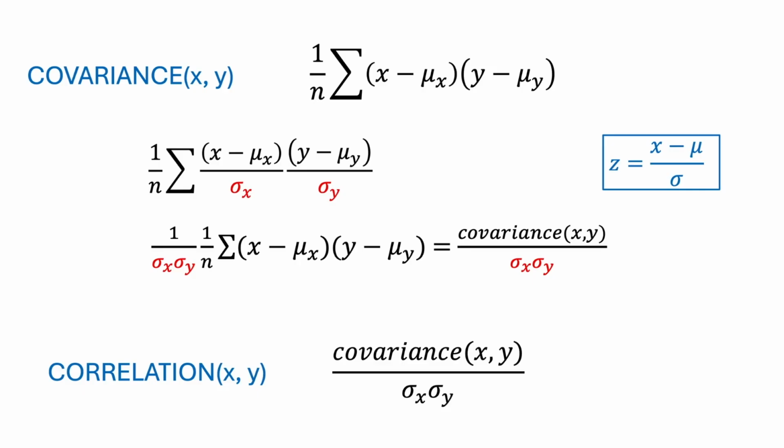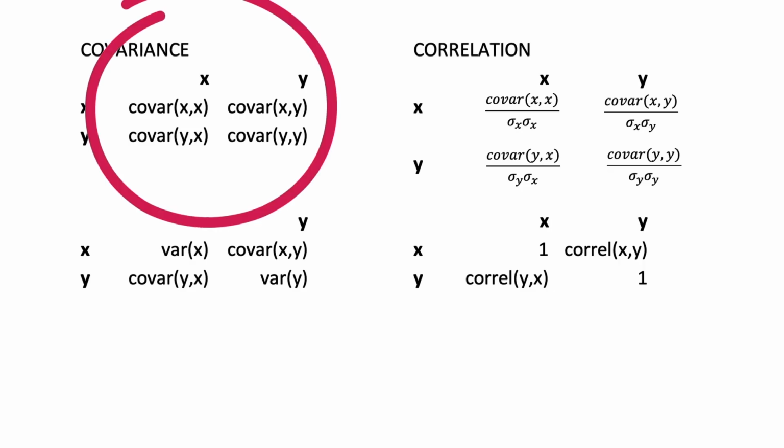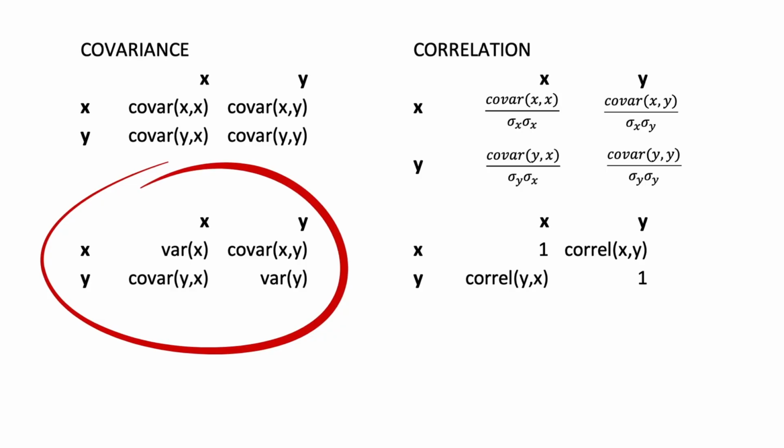So in matrix form, this is what it would look like. In tabular form, that'll be covar xx, covar yx, covar xy, covar yy. And again, the covariance of a variable with itself would be just the variance. So this is what it looks like in terms of the covariance matrix.